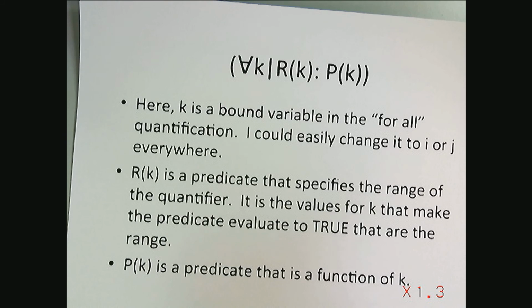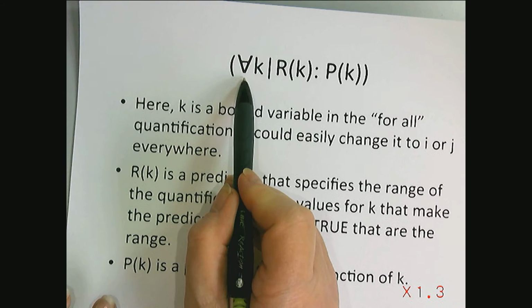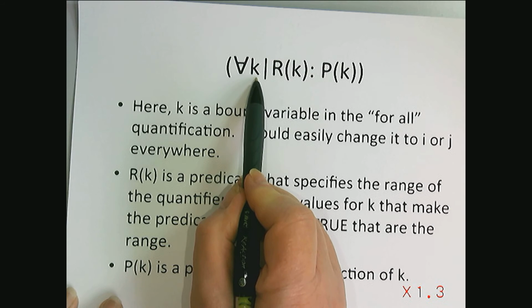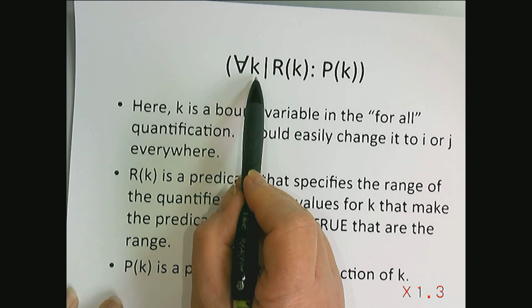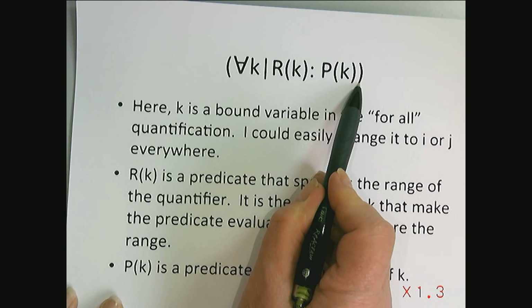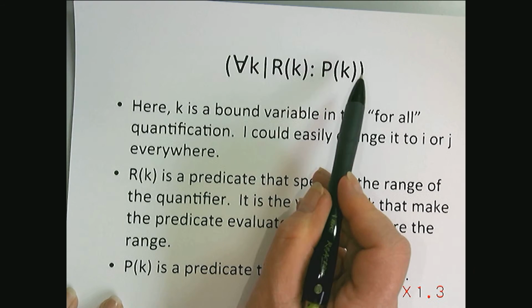Some things to note about it. We read it as for all, and k in this case is my variable. It's a bound variable, which means its scope is between the parentheses of my expression.